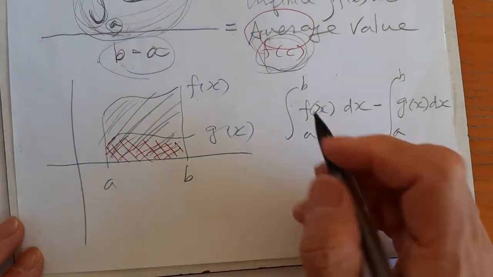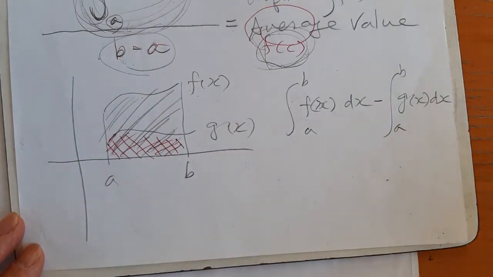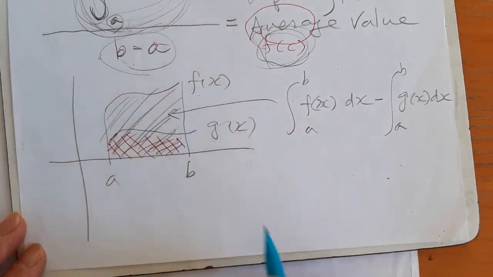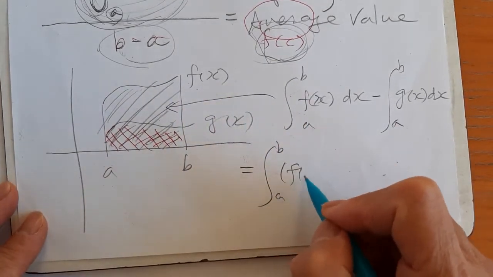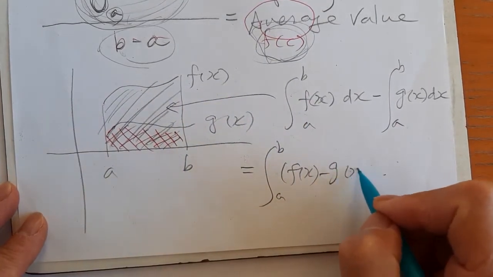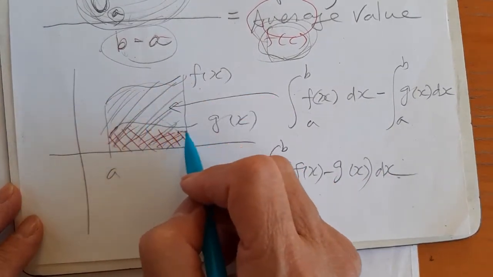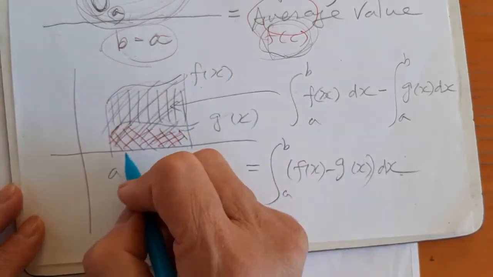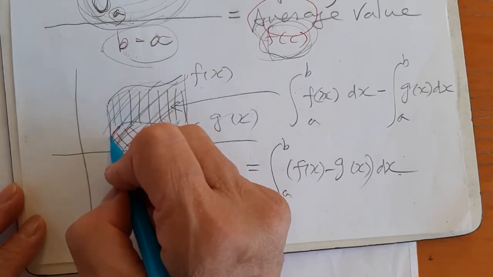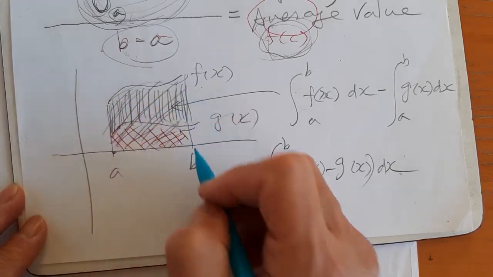That becomes the integral between the two curves. And you can put together as integral a to b f of x minus g of x dx. You do f of x minus g of x, which is this, and times dx, and add those together, continuous sum.